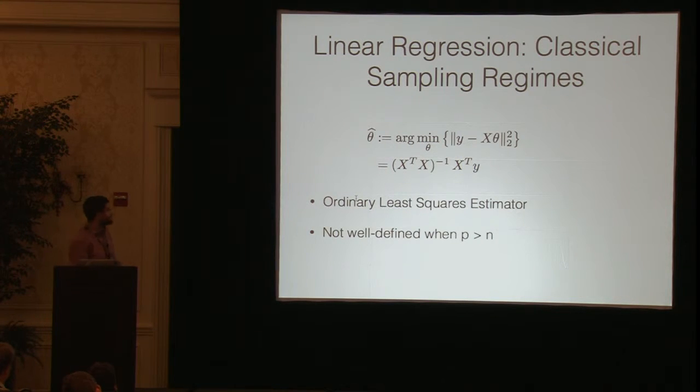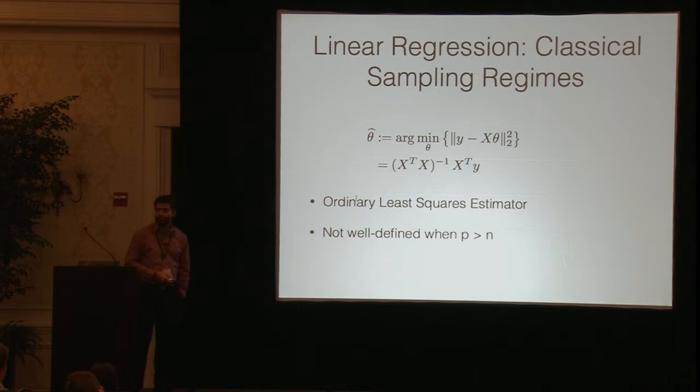Because otherwise, this matrix x transpose x would not be invertible. So the linear system would be underdetermined, and it does not have a unique solution. So this is the caveat. But in the classical sampling regime, we have an elementary estimator for the linear regression problem.